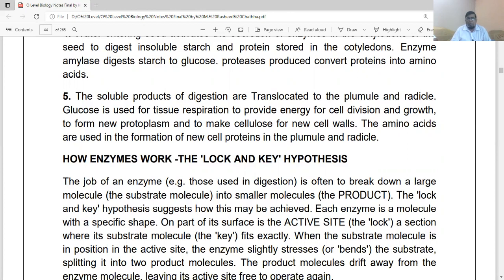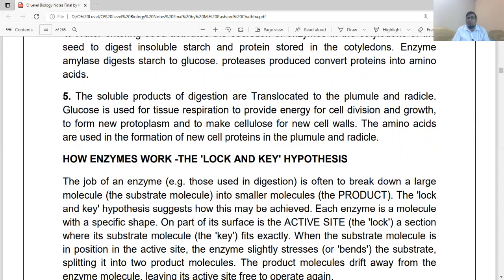The lock and key hypothesis suggests how this may be achieved. Each enzyme is a molecule with a specific shape on part of its surface, the active site, the lock, a section where its substrate molecule, the key, fits.